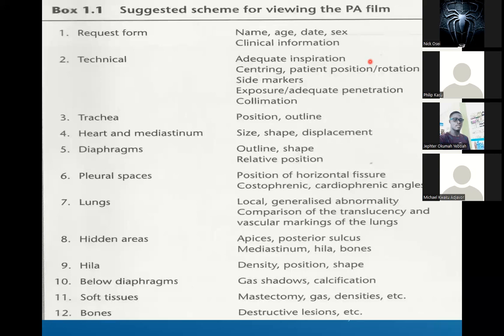So right from there, the first thing you look out for is the trachea. You look out for the trachea position, whether it is deviated or not, whether it's deviated to the left or right, whether it's obstructed, you should be able to comment on that. Then the heart and mediastinum, whether you comment on whether the size of the heart is adequate, the shape of the heart is adequate, or whether there's displacement, you should be able to know.